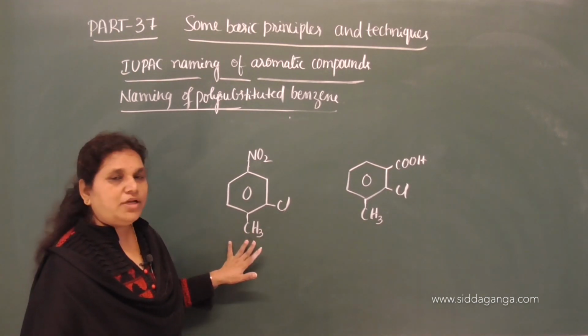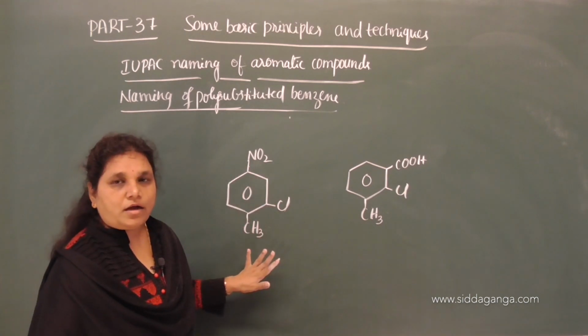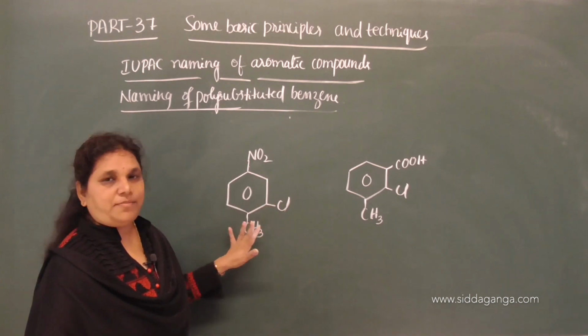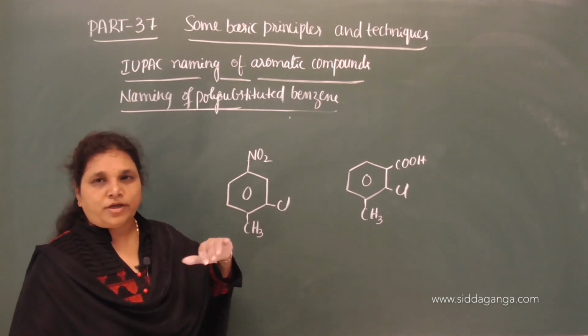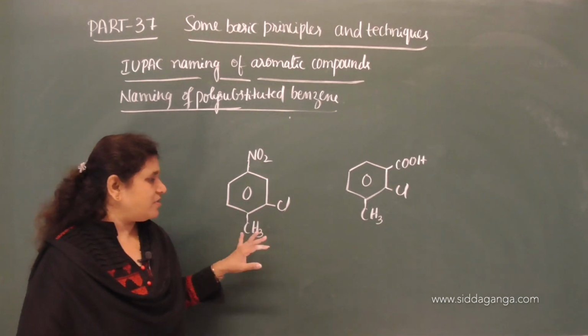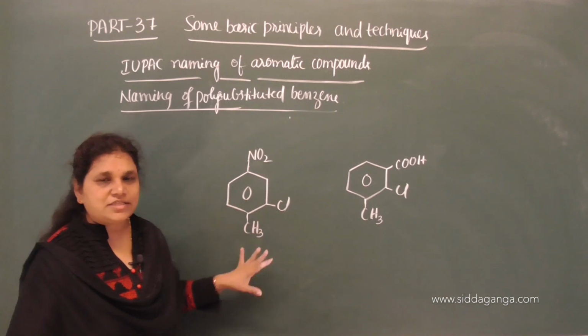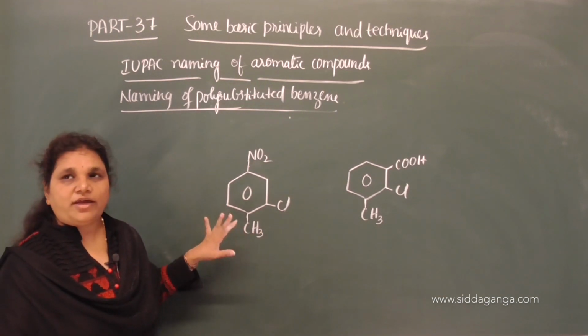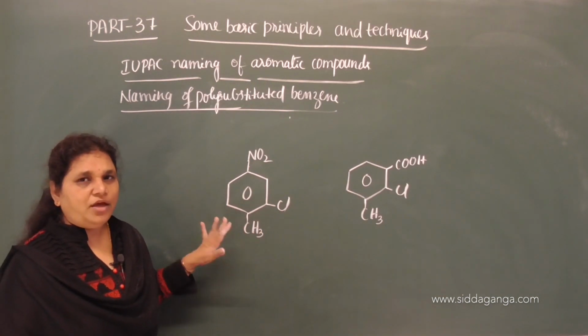We can give only the IUPAC name for such compounds which contain more than 2 substituent groups, but we need to satisfy the lowest sum rule while assigning the locants.